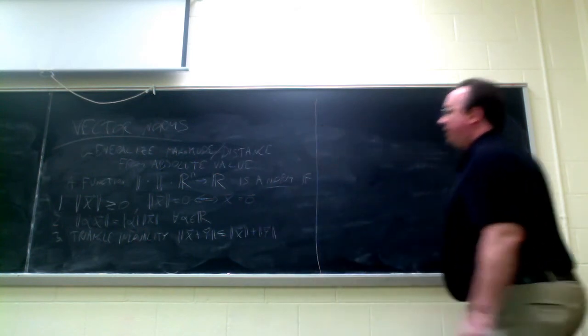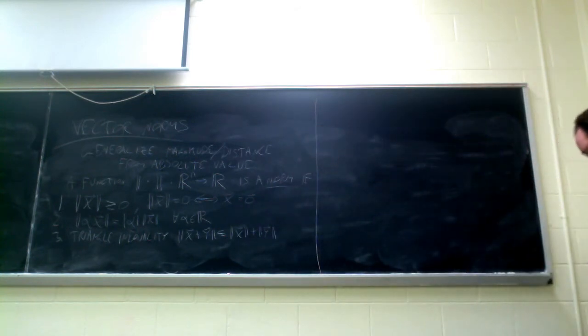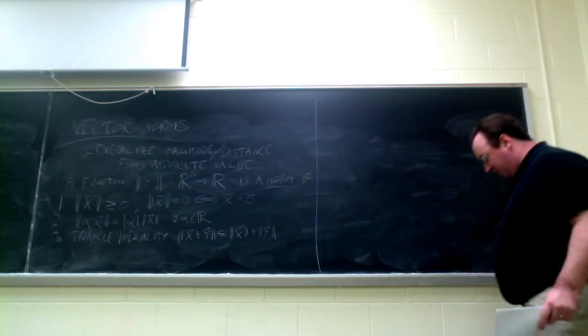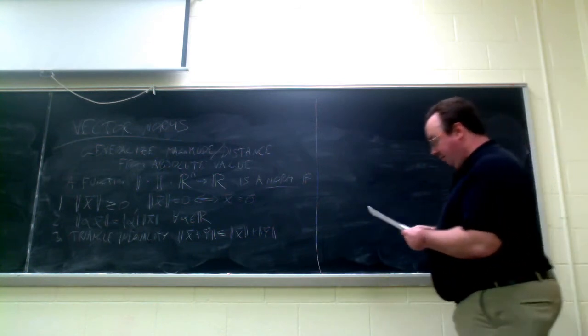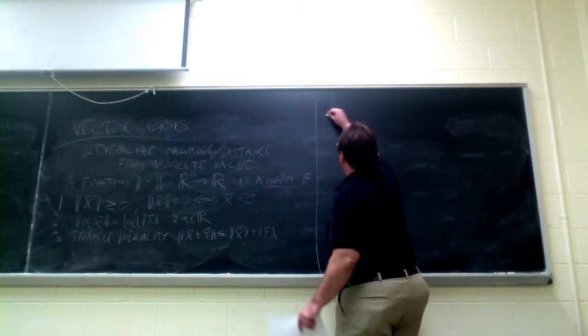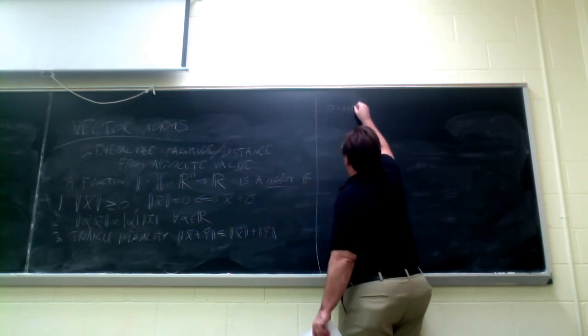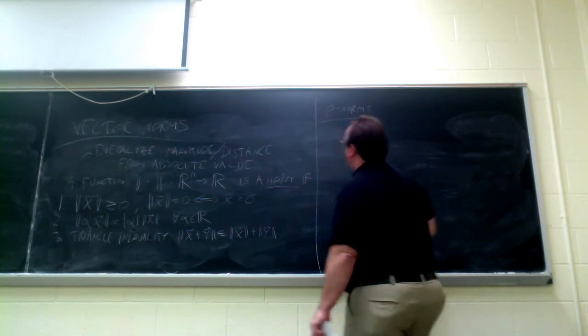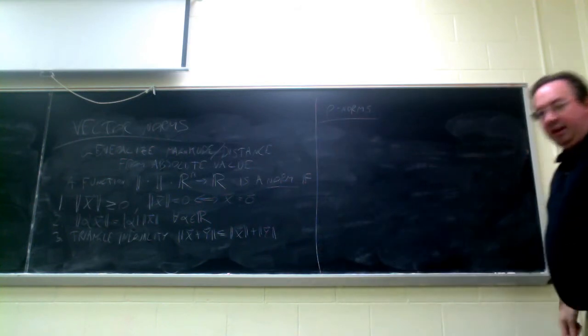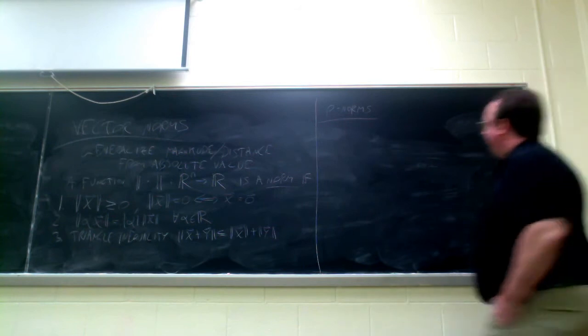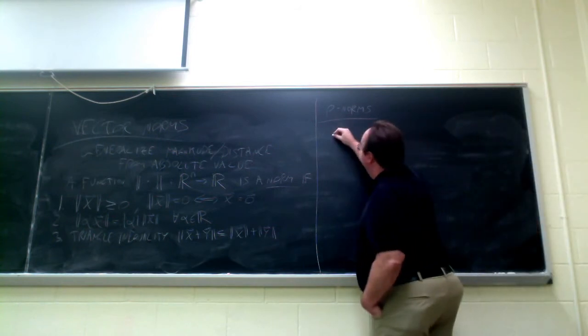Now, what are some vector norms that we can use? Well, at least one of these you're definitely going to be familiar with. So the ones we're going to use are called p-norms. It's a whole family of norms that can all be defined in a common way.